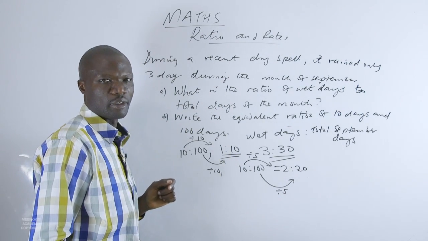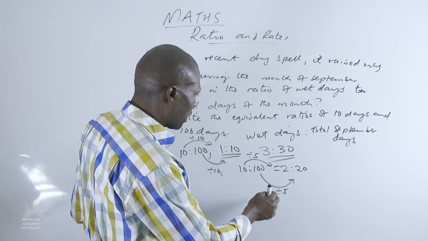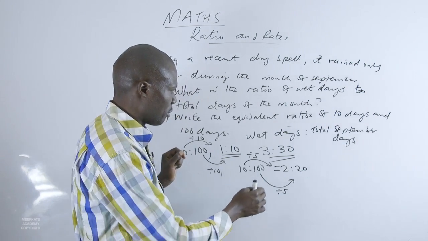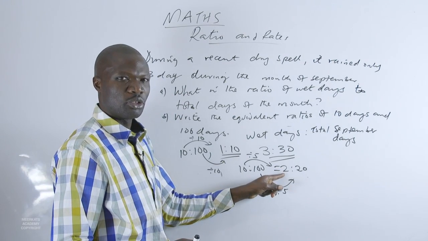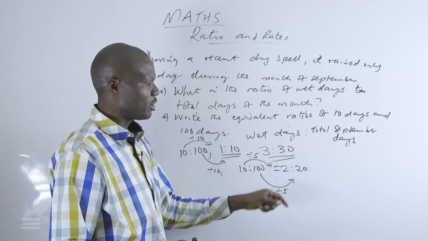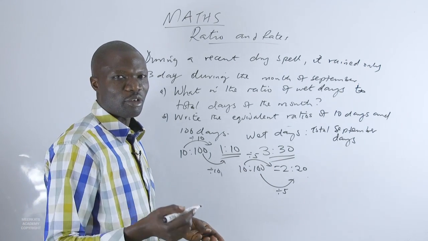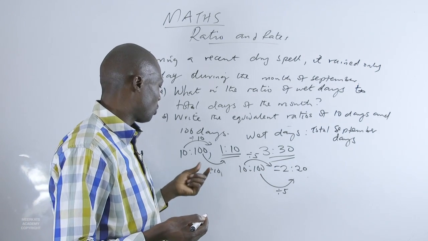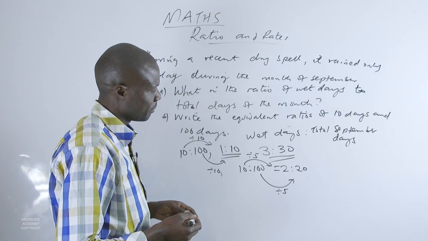You see? We were dividing by 5. So 2 to 20 is another equivalent ratio of 10 to 100.